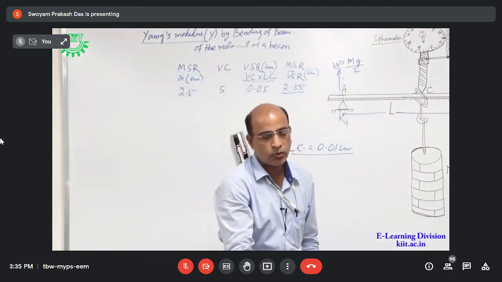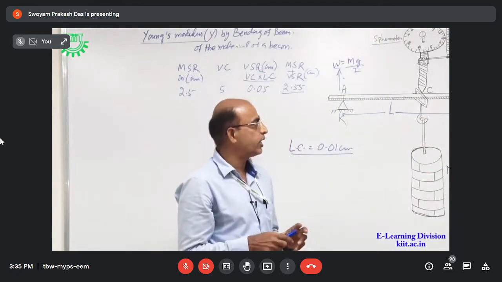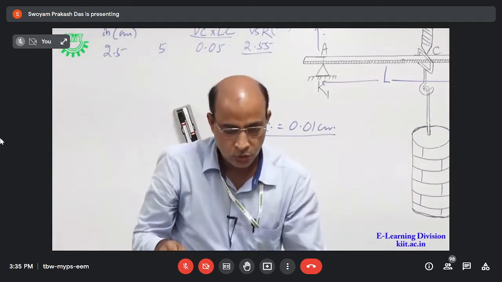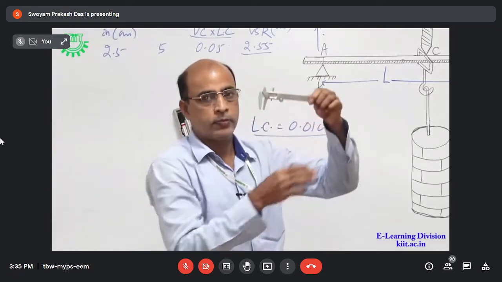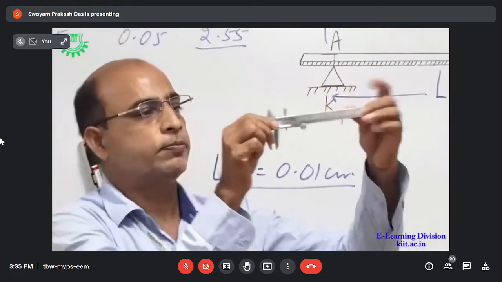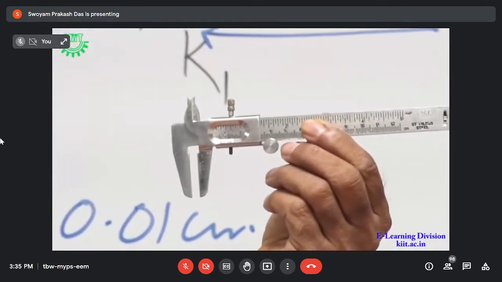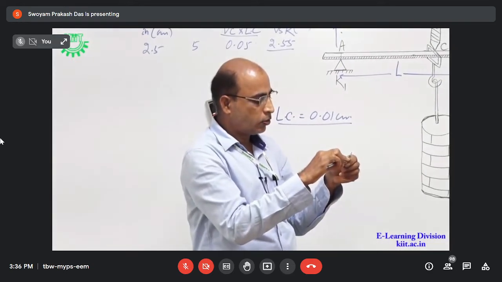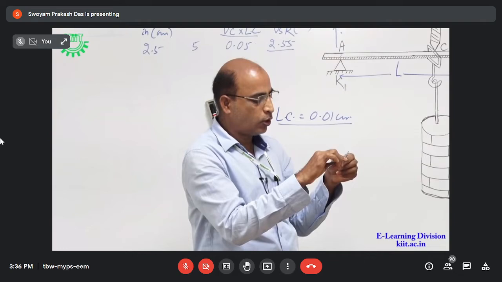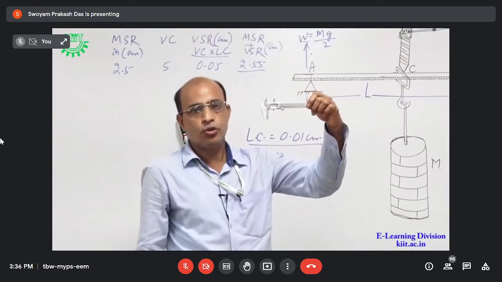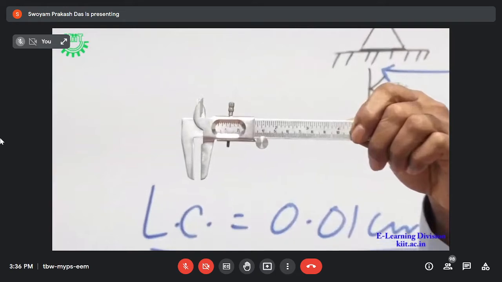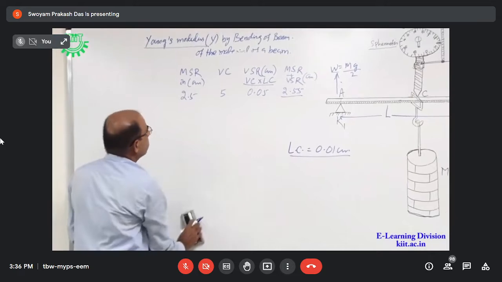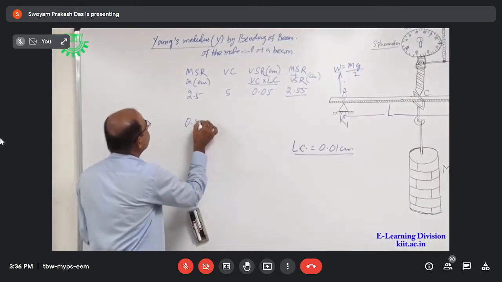So, next comes the thickness or depth of the beam. So, we can see here vernier 0 is present in between 0.5 and 0.6. We can see here the MSR, here 0.5.